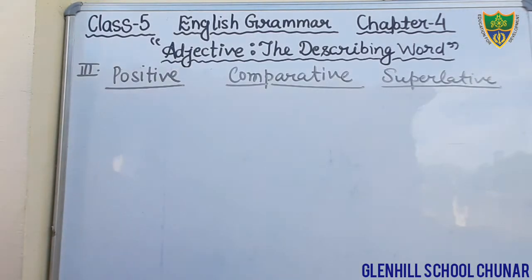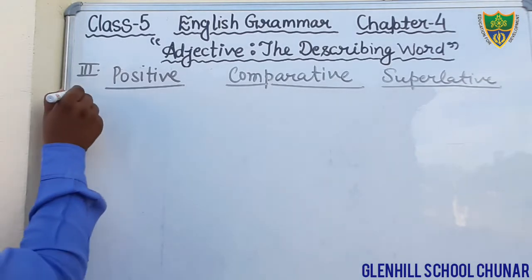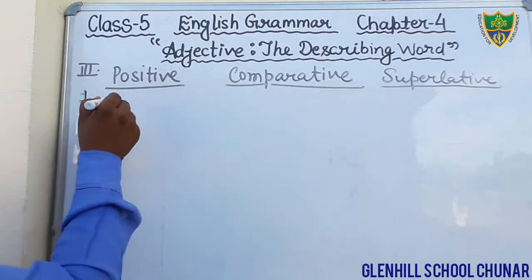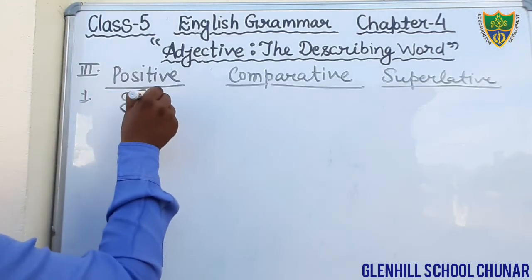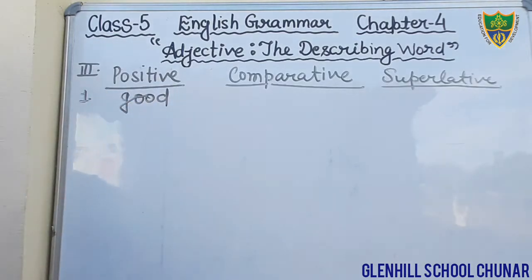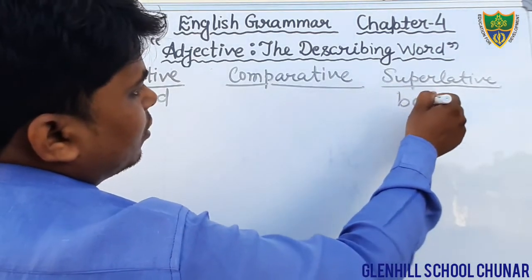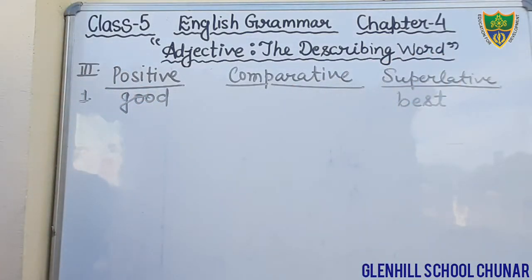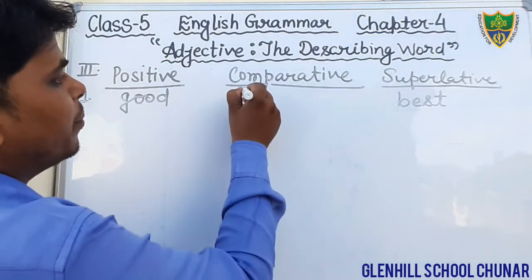Dear students, some words are already given in exercise number 3. In question number 1, we see the word good already given, and best is already given. Here you have to fill the suitable word. Good, better.